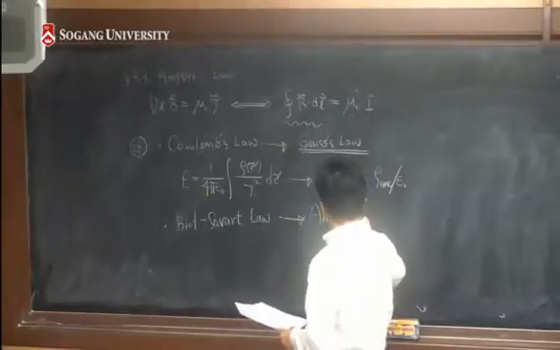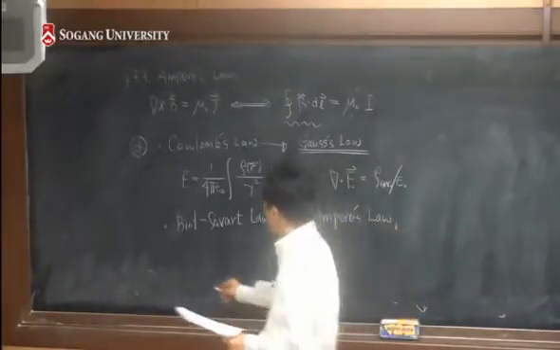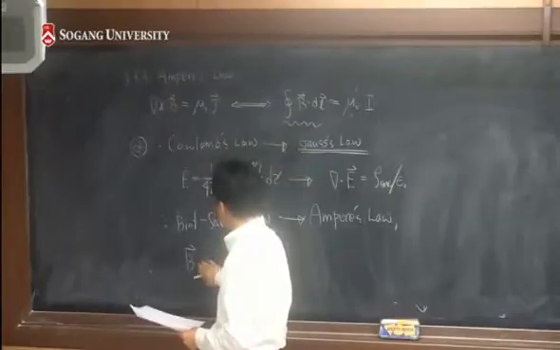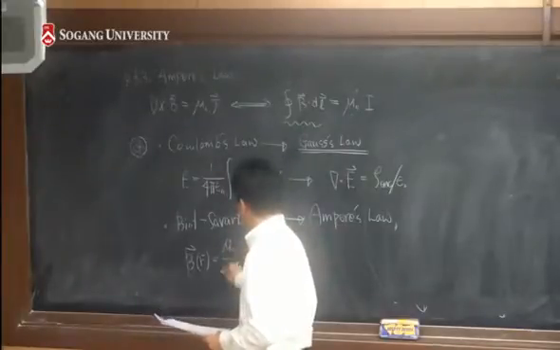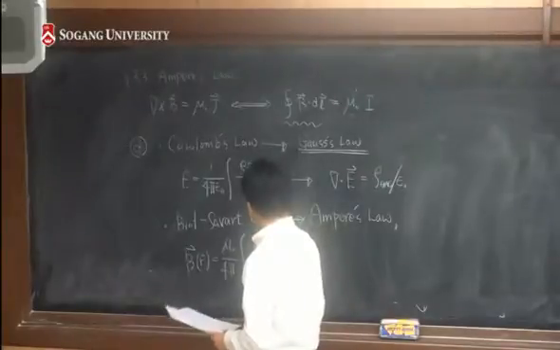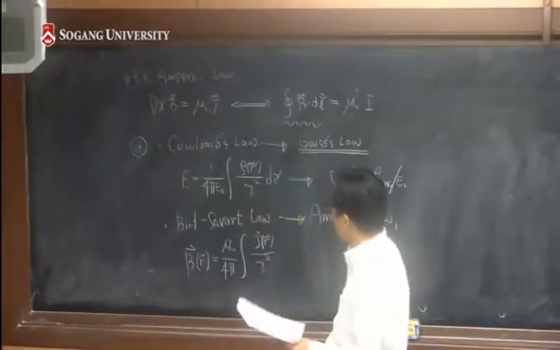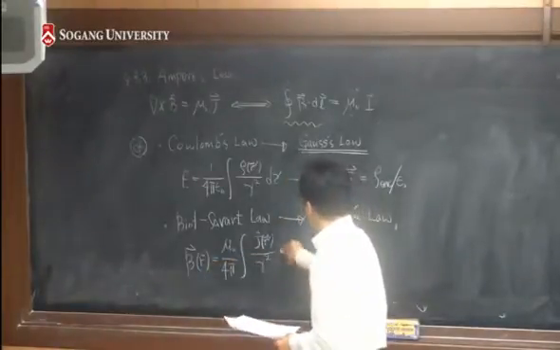Okay? In a way that the magnetic field at a position r equals mu 0 divided by 4 pi, taking the integration of the current density in the r prime coordinate, divided by the distance squared between the r prime position and r, and you take a volume integration.